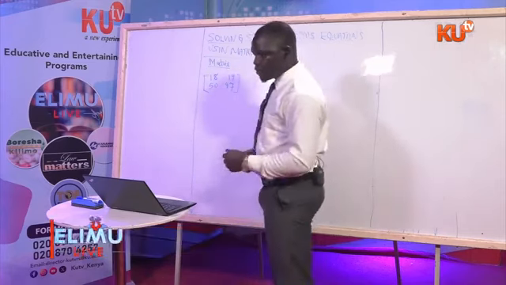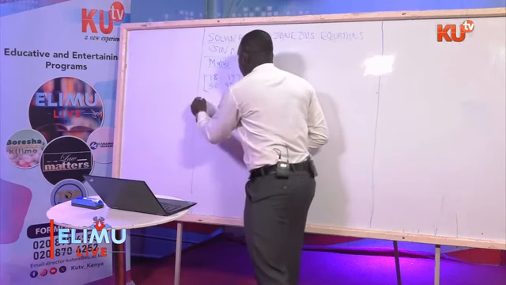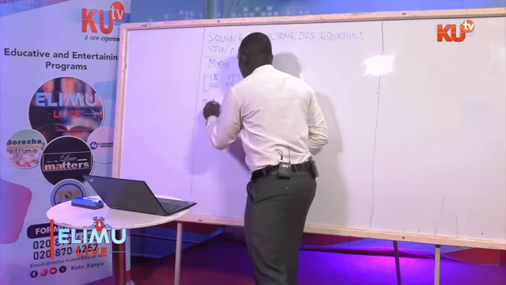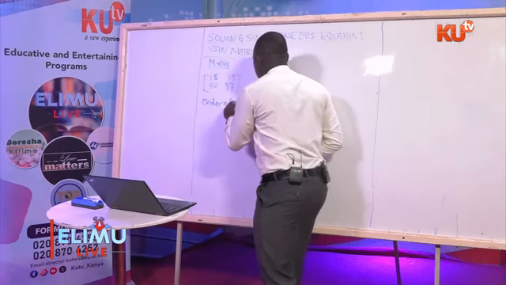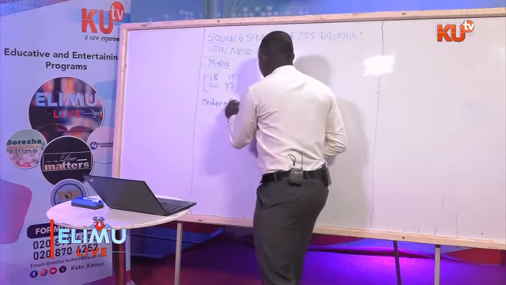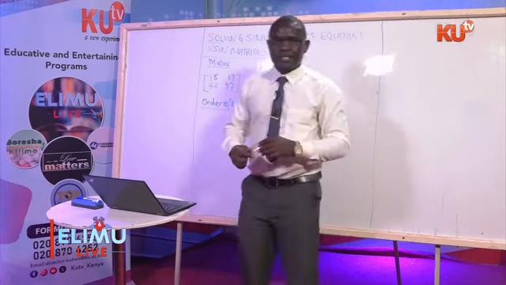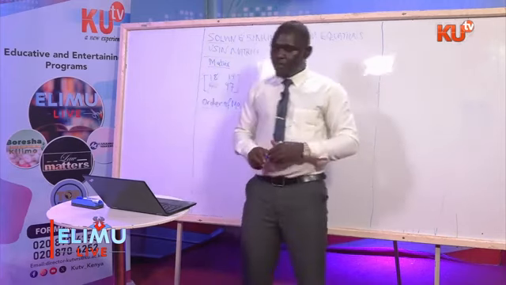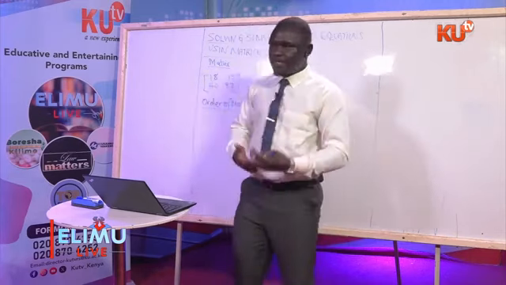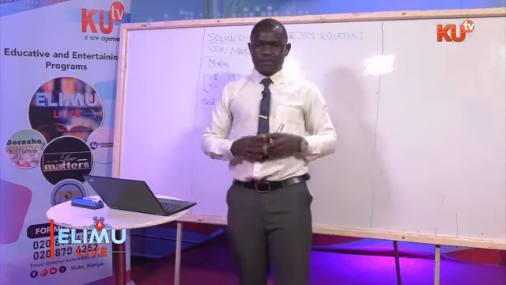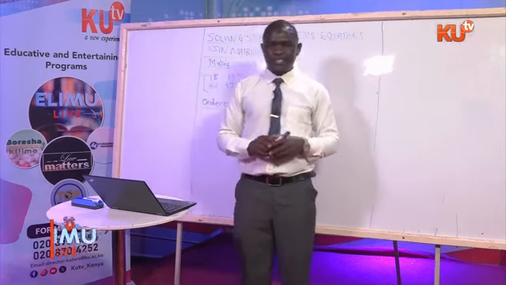Also, let's look at what is called the order of the matrix. How do we define the order of a matrix?